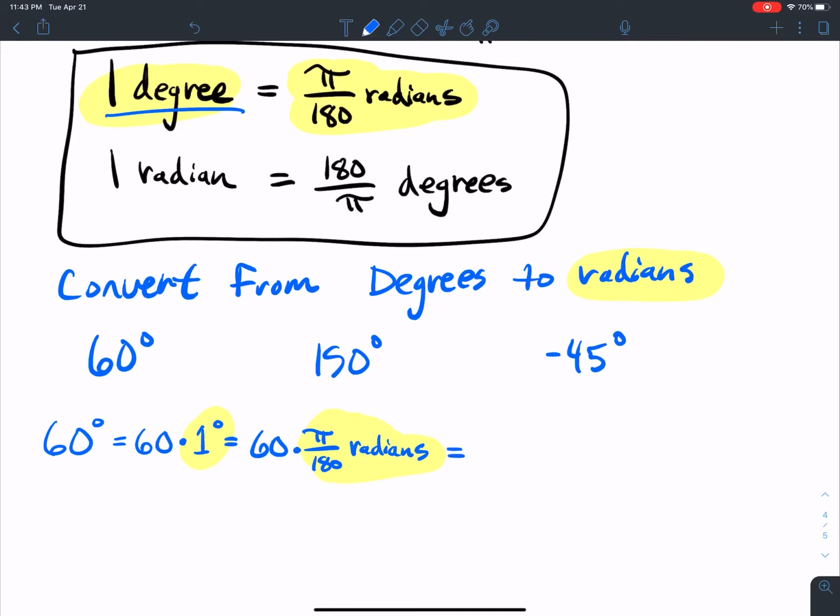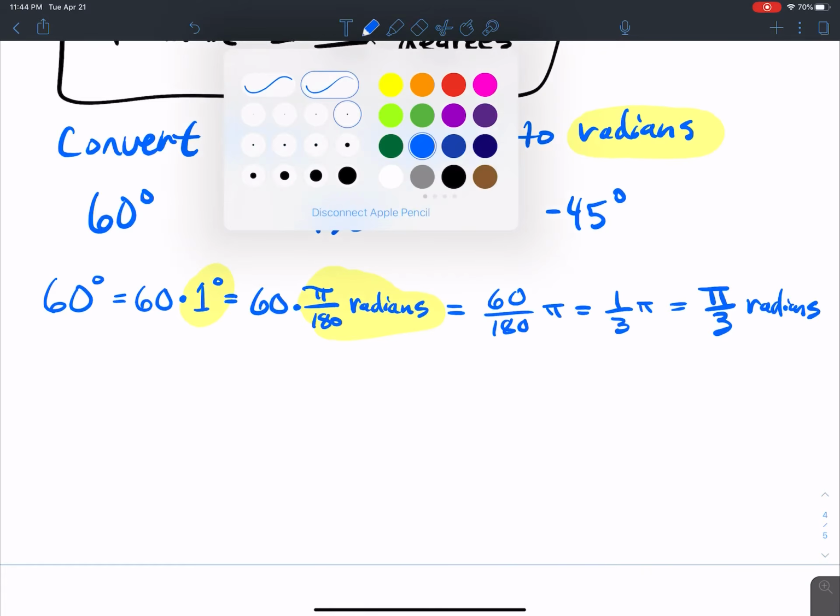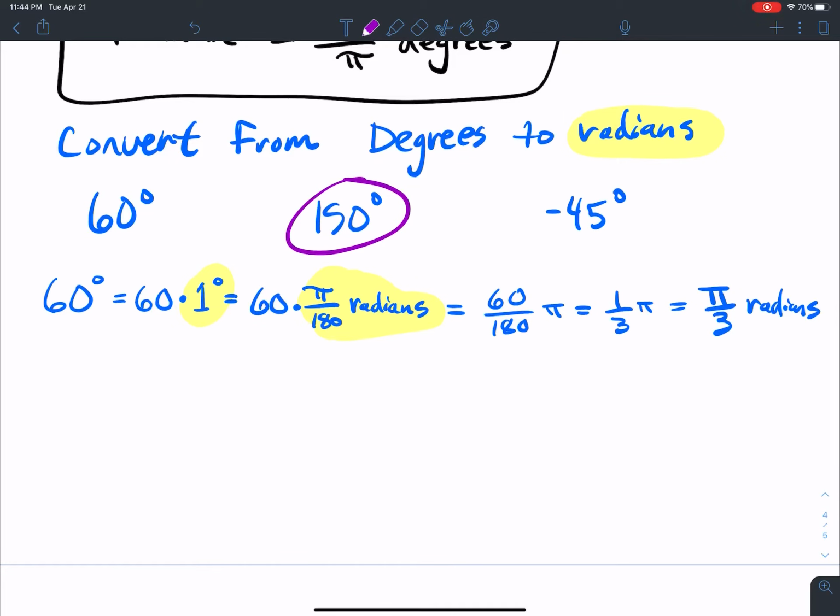So I'll replace the 1 degree with pi over 180 radians. And when I multiply this out, I get 60 over 180 times pi. So 60 over 180, that's 1 over 3 pi. So that's pi over 3 radians. Now what about 150? I take 150 and I'm converting to radians, so I know I'm going to have pi over 180.